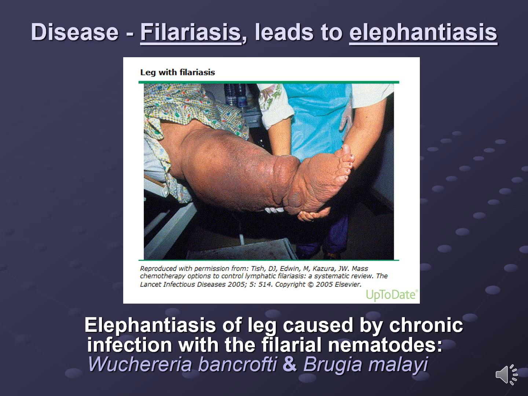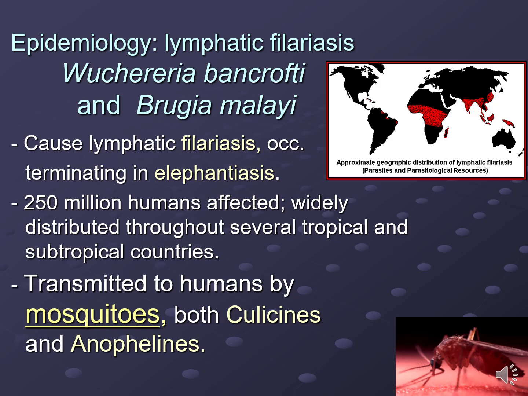So you see in this picture that the leg will become edematous, the leg and the foot, like an extremity of an elephant. And this is produced by the lymphatic filariasis produced by Wuchereria bancrofti and Brugia malayi. Let's see how. For those lymphatic filarial worms, the vector is the mosquito, like you see here, mosquitoes, culicines and anophelines.